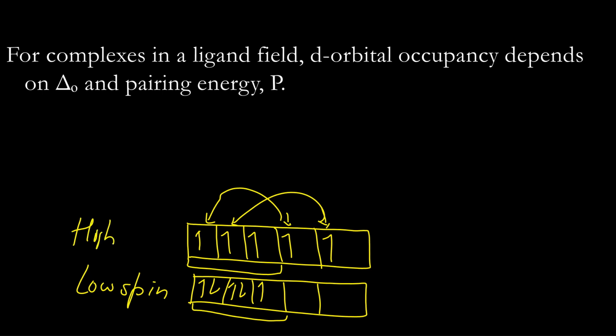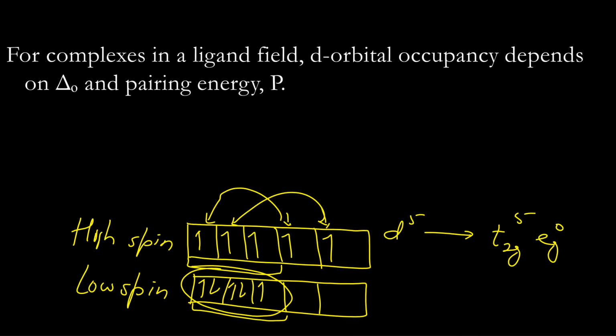So the question is which one will be high spin or low spin and why? This is the reason. You will say the ligand is strong, the splitting energy will be high, that will be greater than the pairing energy. Pairing will take place in the lower 3d orbitals. These are the lower 3d orbitals. So the configuration will change from d5 to T2G 5, EG 0.